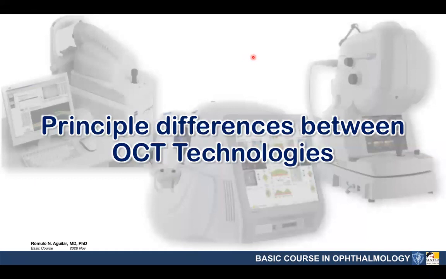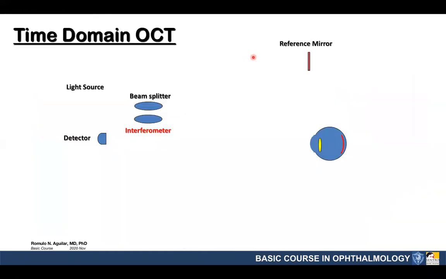Now, what are the principal differences between OCT technologies? Let's start with the time domain OCT. Again, you see here the basic components of the OCT. But what would be the light source? Light source would be broadband coming from what is called a superluminescent diode, or an SLD. Light is brought to a beam splitter.